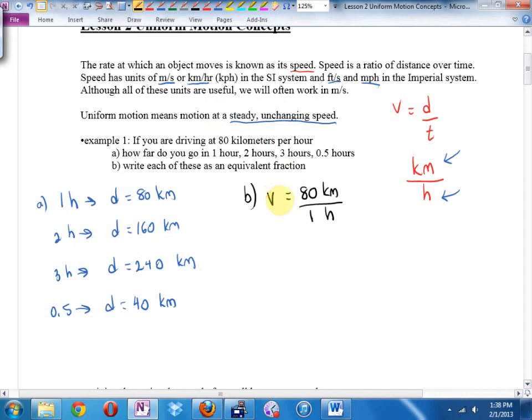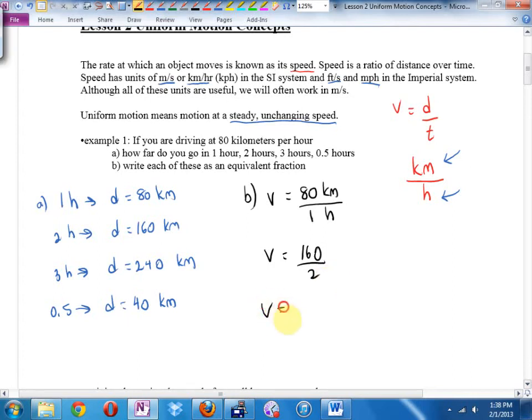Cross out the V, make it a D. How far did you travel in the second trip in 2 hours? 160. How much time? Does 160 over 2 reduce to 80 over 1? Yeah, it's an equivalent fraction.